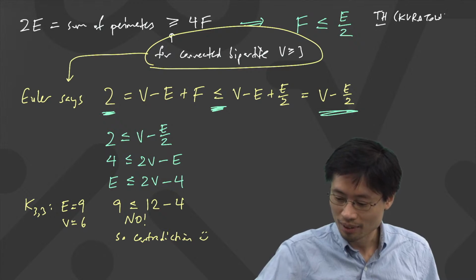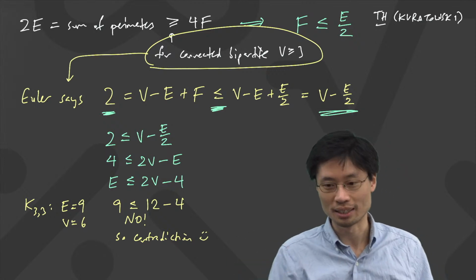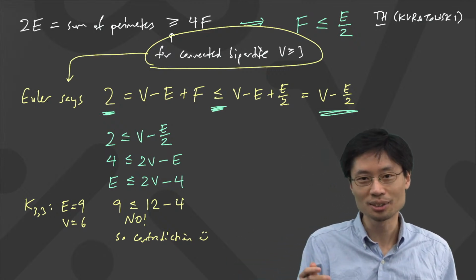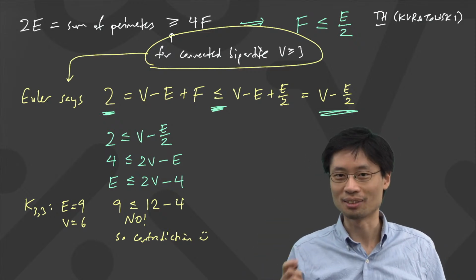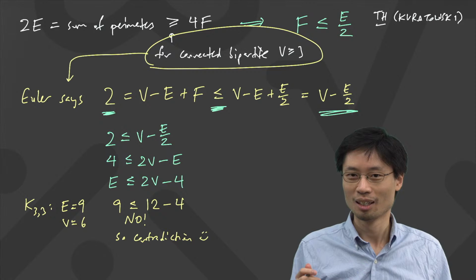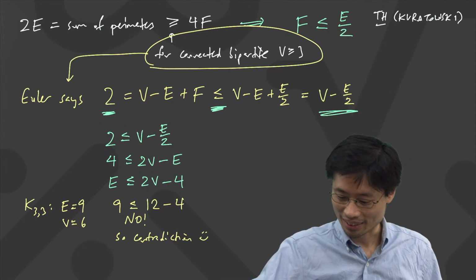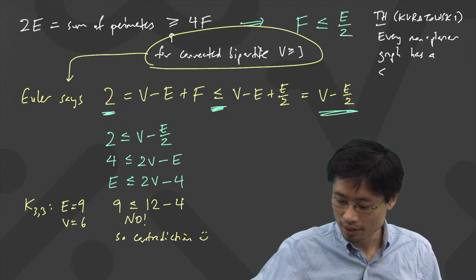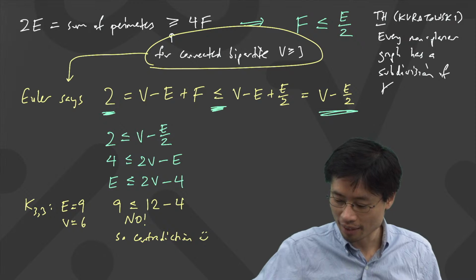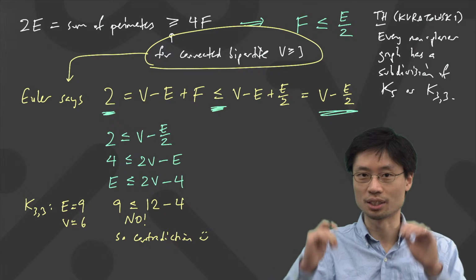We won't prove it in this class, but it tells you that if you have a graph that's not planar, you can find a K5 or a K33 in it somehow, but possibly stretched out. So every non-planar graph has a subdivision of K5 or K33. That's why we bothered to just show these 2.